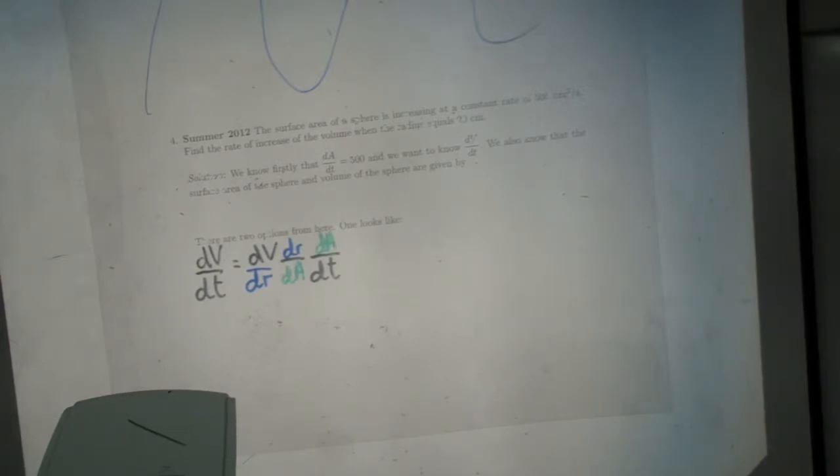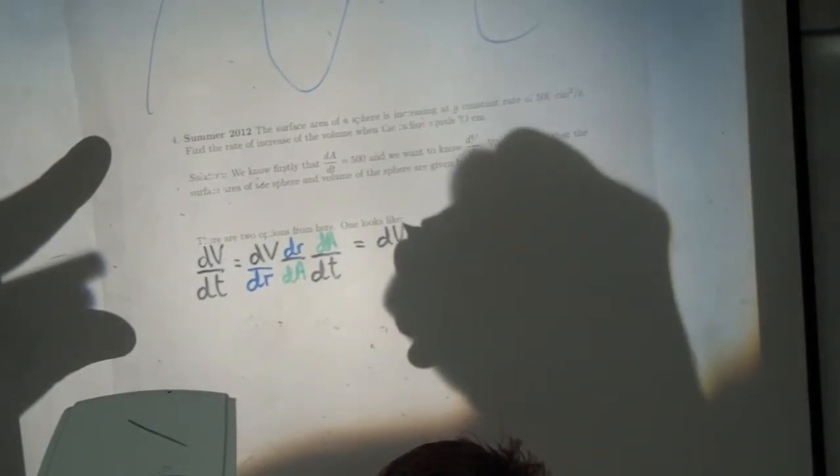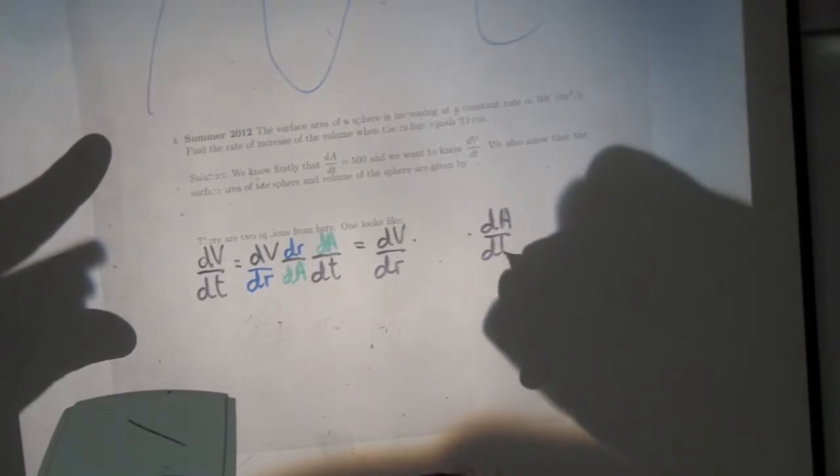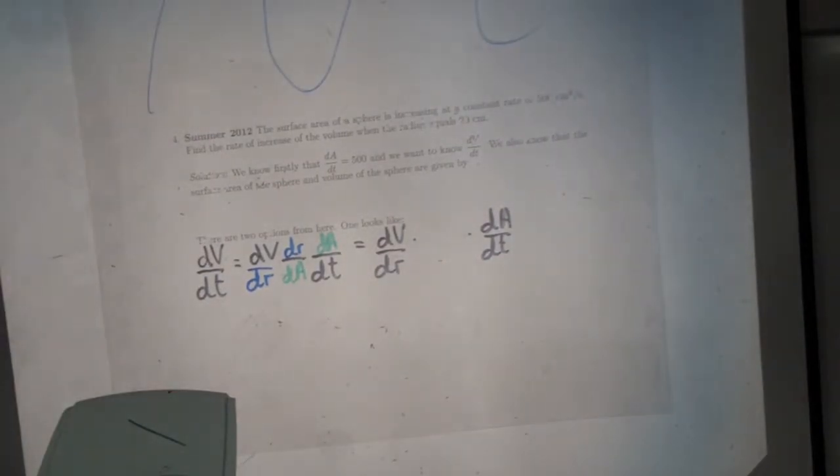Okay, so you could get something like dr/dA in the easier questions, and this is what you have to do with them. So you've got dV/dr, and you have dA/dt. They're normal kind of things. Can you recall what we're going to do with this dr/dA? 1 over dA/dr. Yeah, you can flip it and make it 1 over.